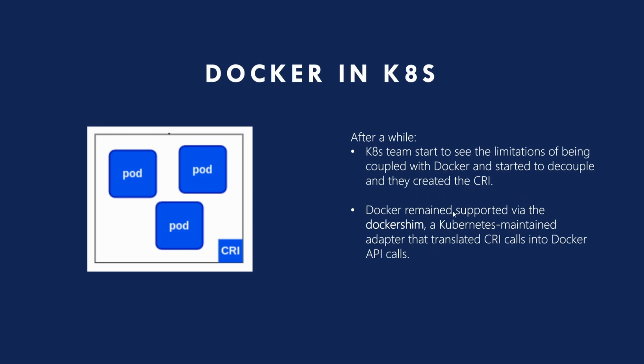Docker Shim was an adapter that the Kubernetes team maintained, and that adapter would translate the container runtime interface calls into Docker API calls. So whenever I would call my interface method, thinking code-focused, I would call the Docker Shim API itself, which in turn would call the Docker API.